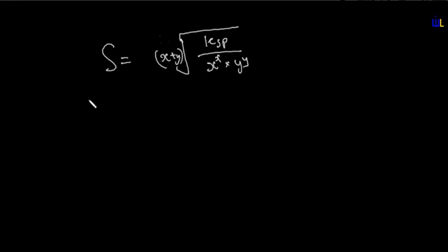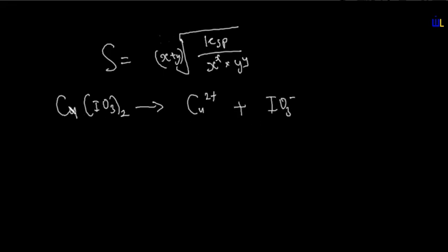Please, class, the salt we are dealing with is what? Cu(IO3)2. So let's dissociate it: Cu2+ and IO3-. How many Cu do you have? 1. How many IO3 do you have? You have 2. So class, what is x? 1.